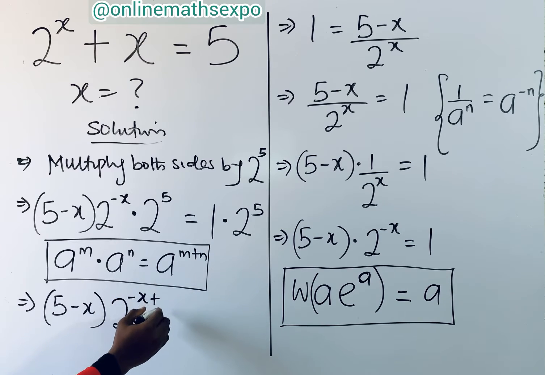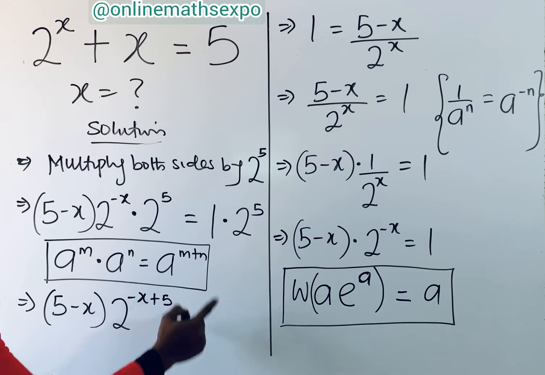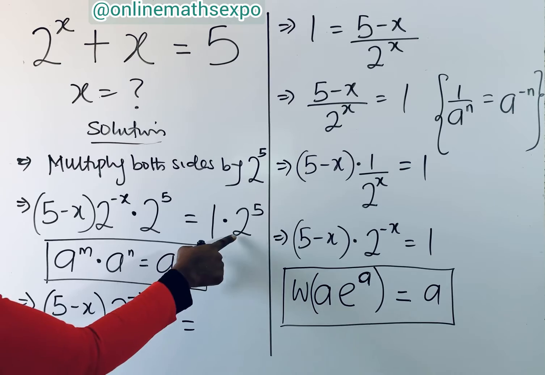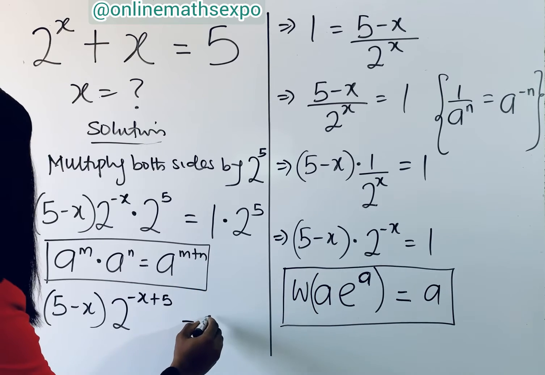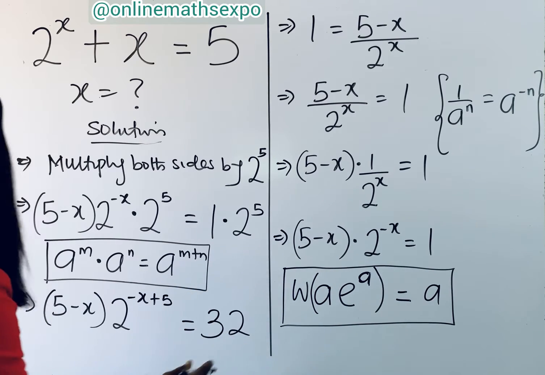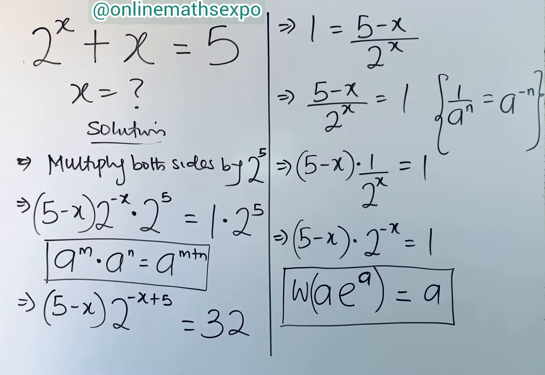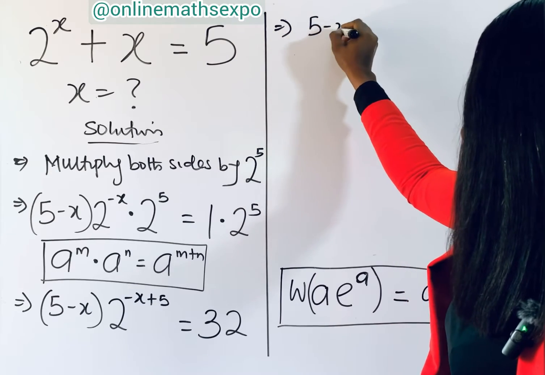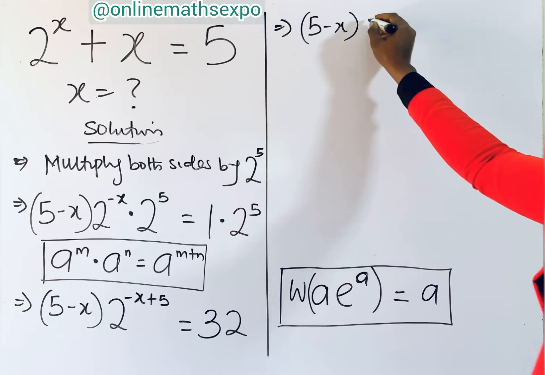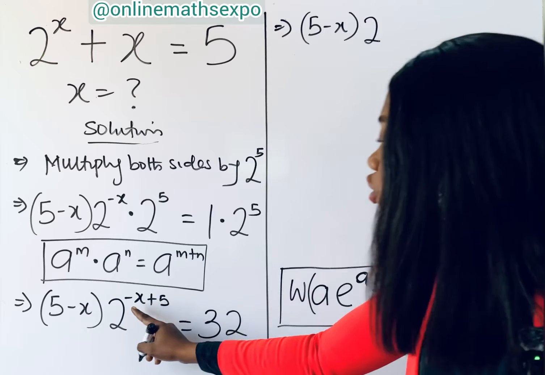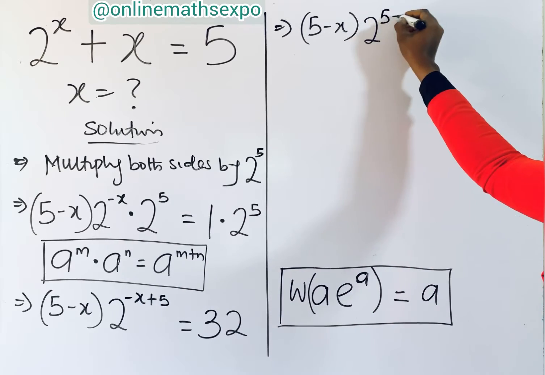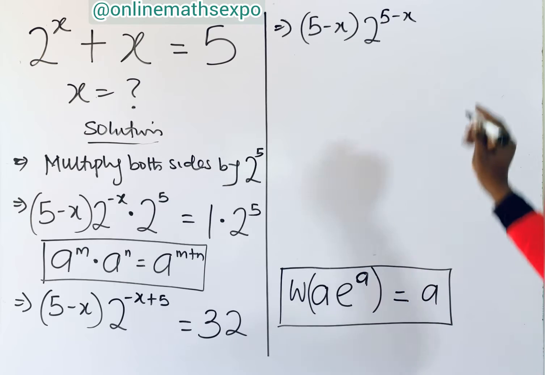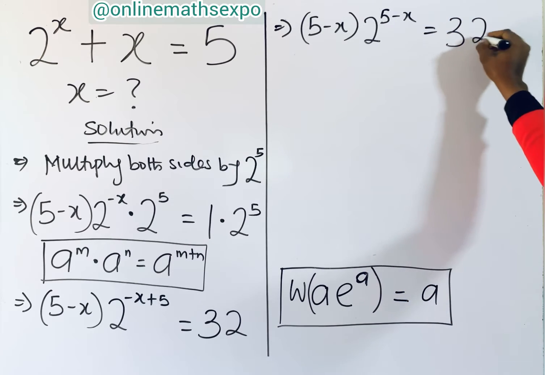So we have negative x plus 5 is equal to, 2 to the power of 5 is 2 multiplied 5 times to give us 32, and 32 times 1 will give us 32. So simplifying more, we have 5 minus x multiplied by 2 to the power of, you know that negative x plus 5 is the same as 5 minus x, okay? And that is equal to 32.